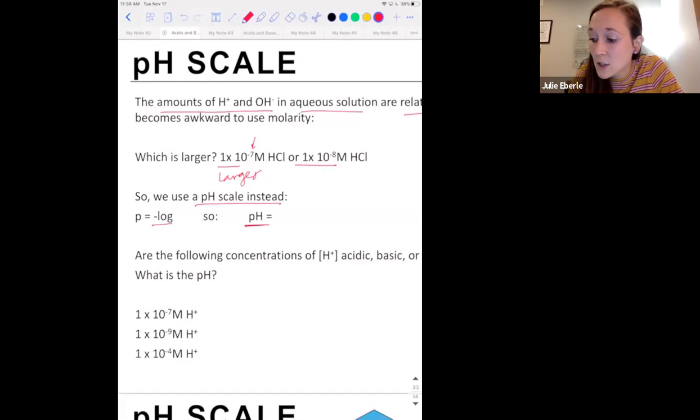So if we have pH, the H is standing for the concentration of H+. That is a big deal in the acids and bases world. So with pH, we're going to take the negative log, a mathematical function, of the concentration of H+. That is pH.